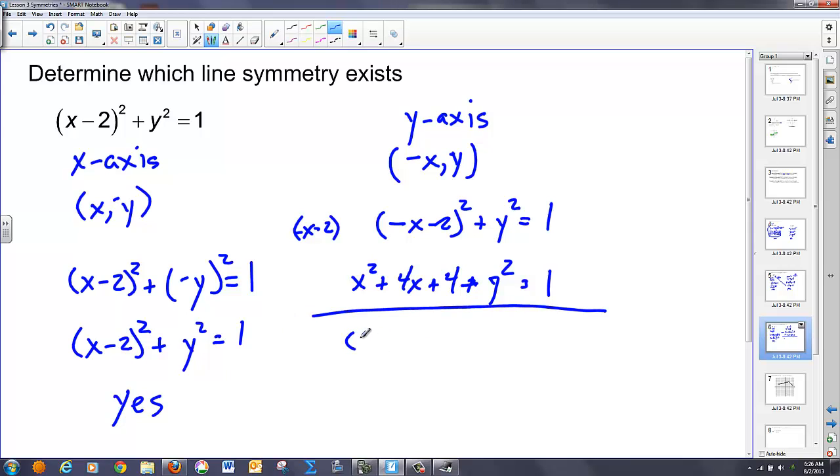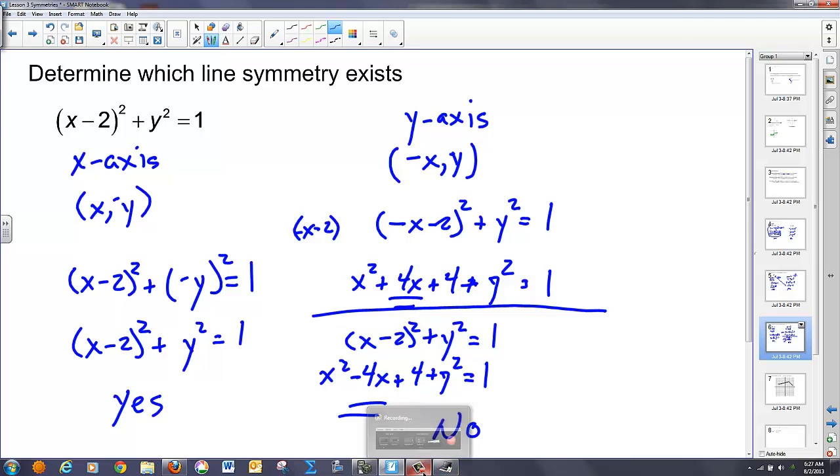If I take x minus 2, square that, add y squared to it, x minus 2 quantity squared is x squared minus 4x plus 4 plus that y squared is going to equal 1. So you'll notice that's negative 4x, that's positive 4x. These are different. So no, that's not going to be y-axis symmetric. So all I've really got in this case is x-axis symmetry.